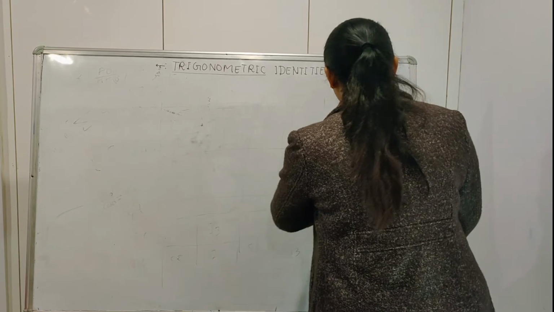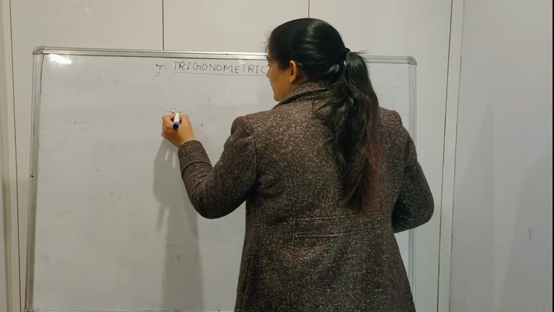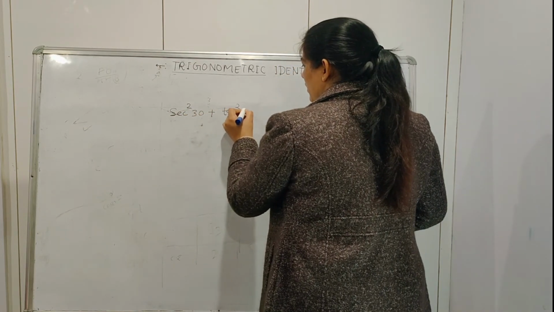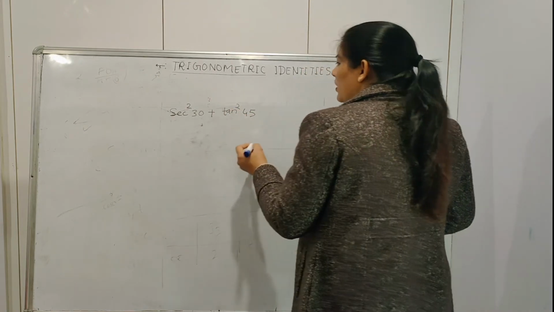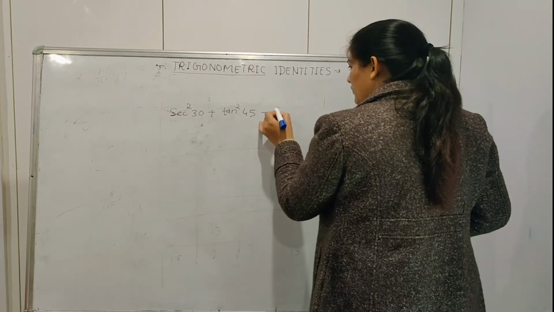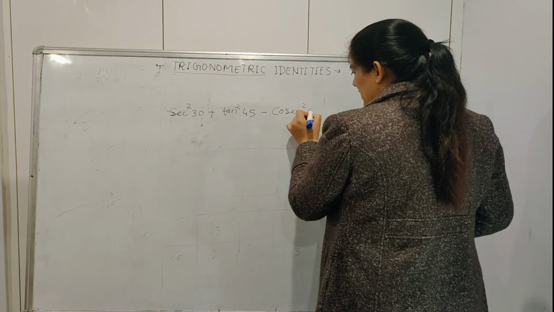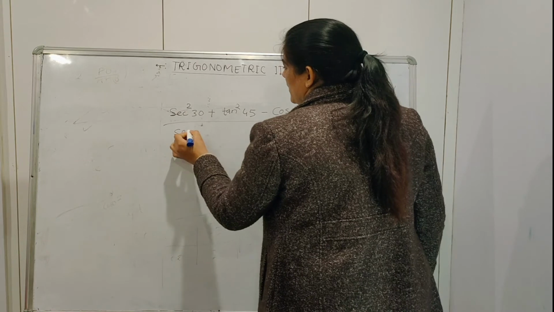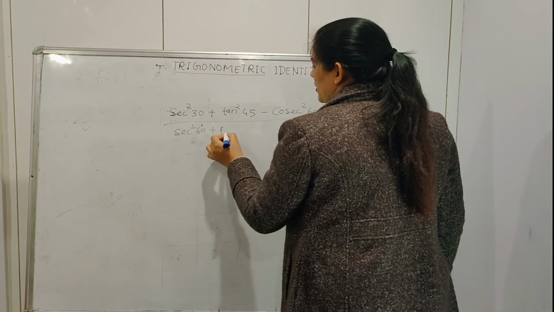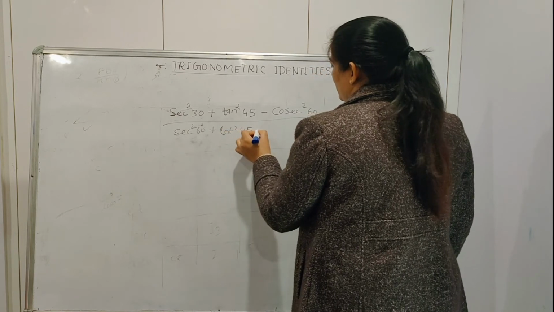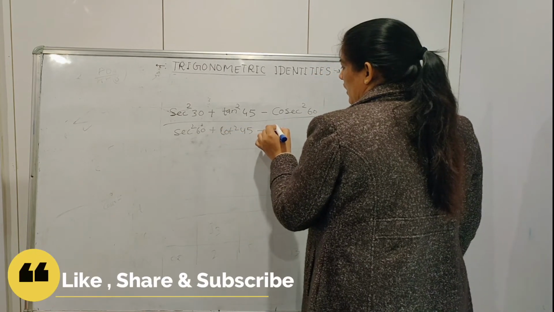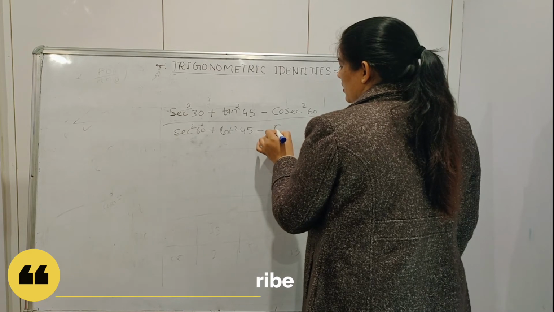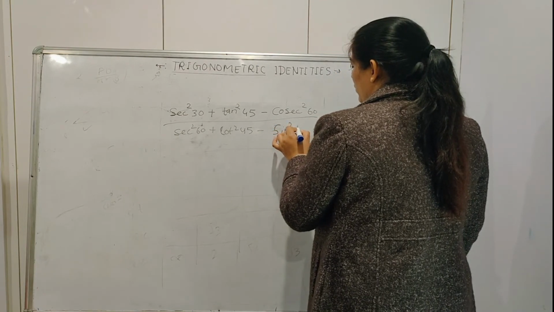So suppose there is a question: sec square 30 plus tan square 45 minus cosec square 60, divided by sec square 60 plus cot square 45 minus sine square 45, whatever.